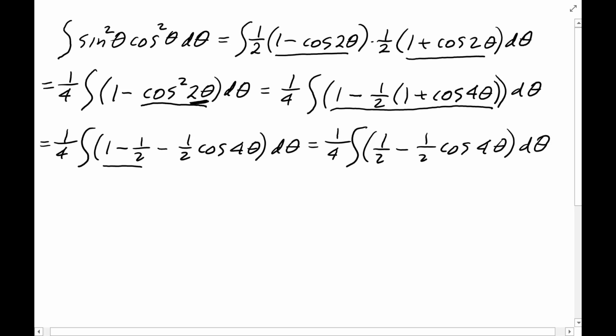Okay, now we can take the antiderivative. The antiderivative of this 1/2 is 1/2 theta. And the antiderivative of 1/2 cosine of 4 theta is going to be 1/8 sine of 4 theta.